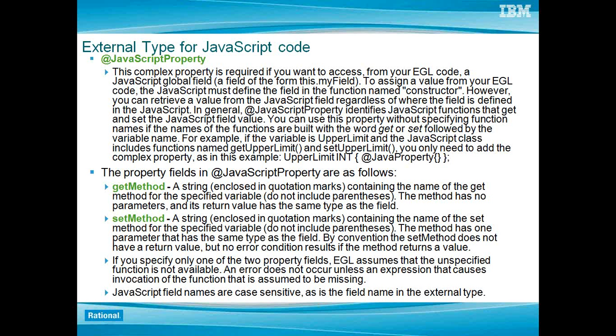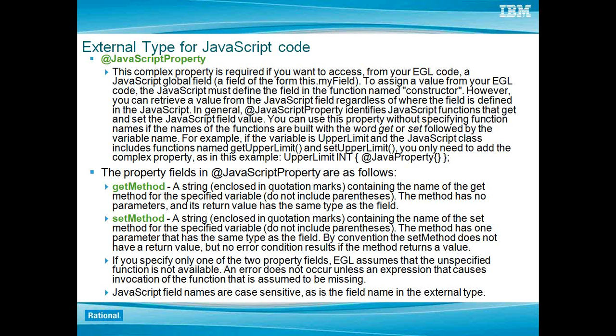In the same way, if there is a variable we want to either get or set, we have get method or set method functions available that we have to enclose in quotation marks within this property.